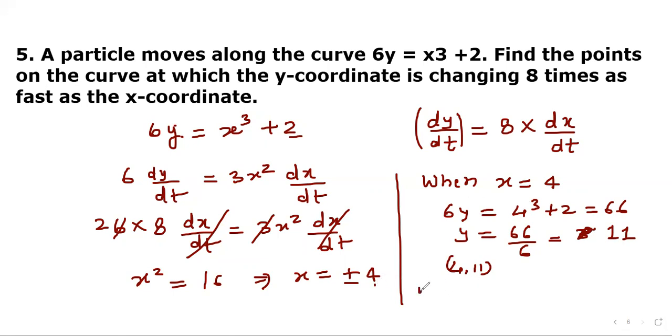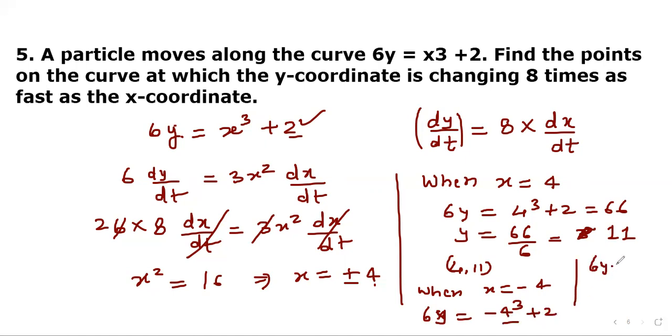Now let's consider the next point when x equal to minus 4. So when x equal to minus 4, then from this equation 6y equal to minus 4 cube plus 2. So minus 64 plus 2, minus 62.